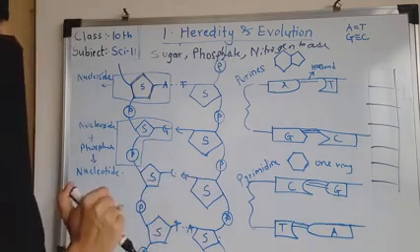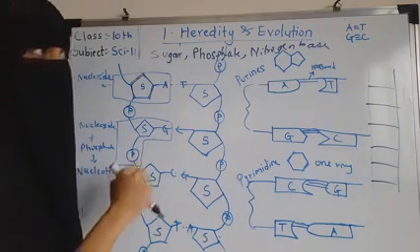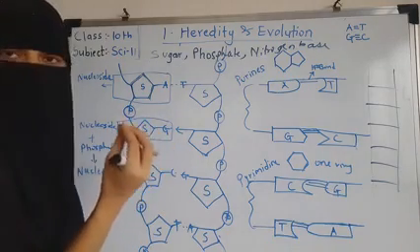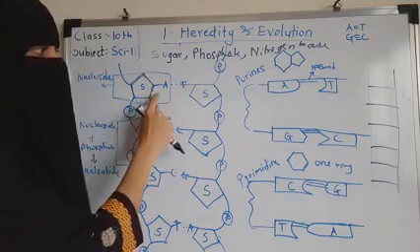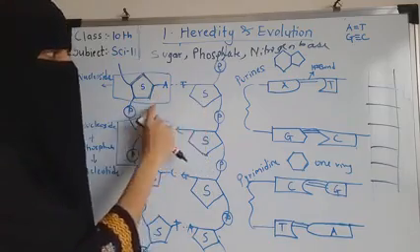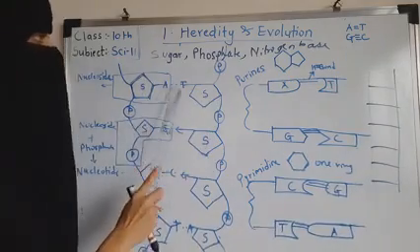Now what else is remaining? Yes, one more thing was there. The nitrogenous bases, adenine, thymine, guanine and cytosine, of these two strands bond with each other, right? See this bond.